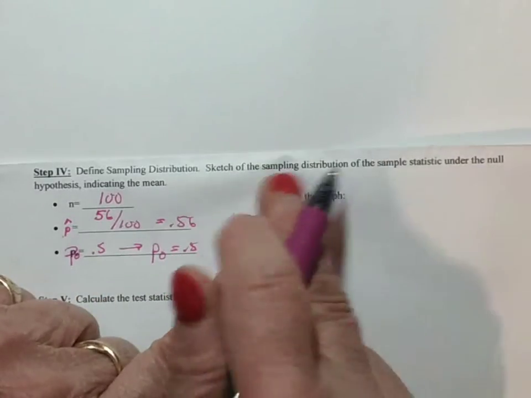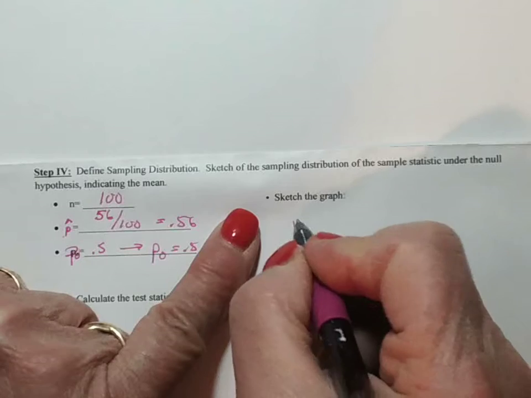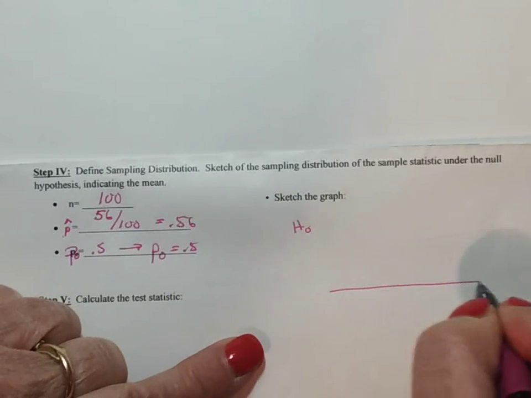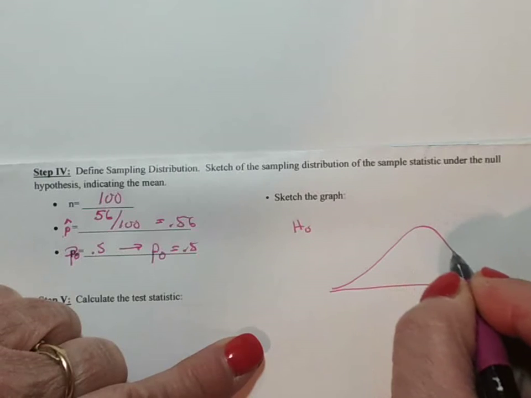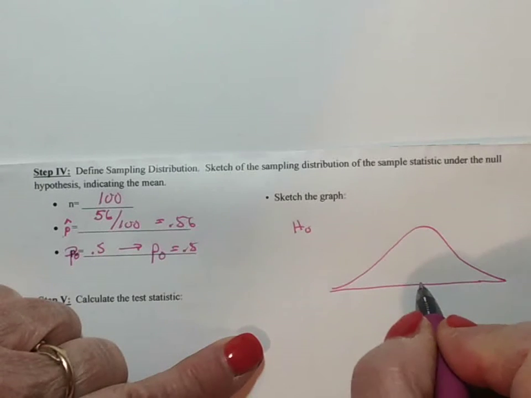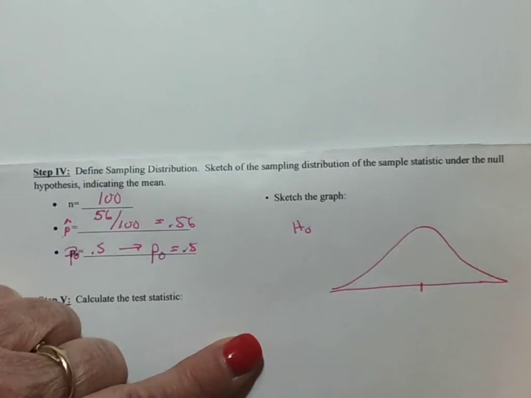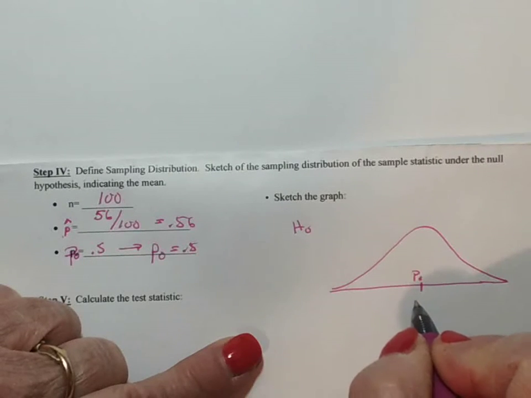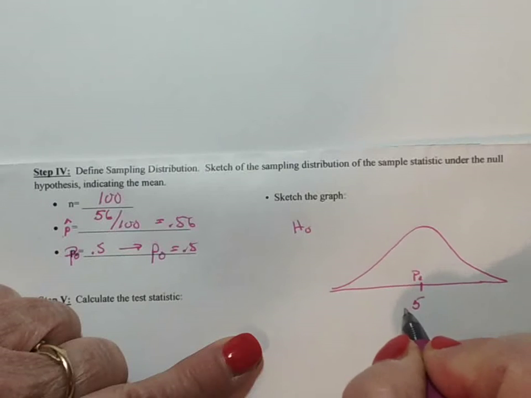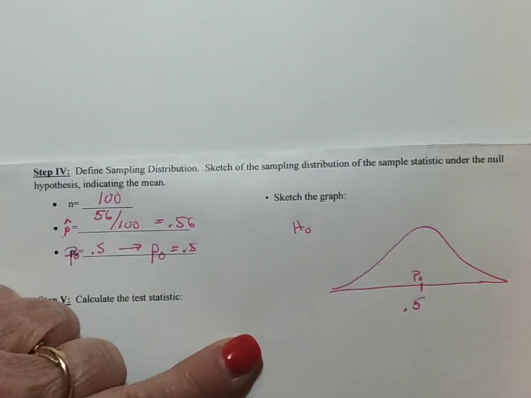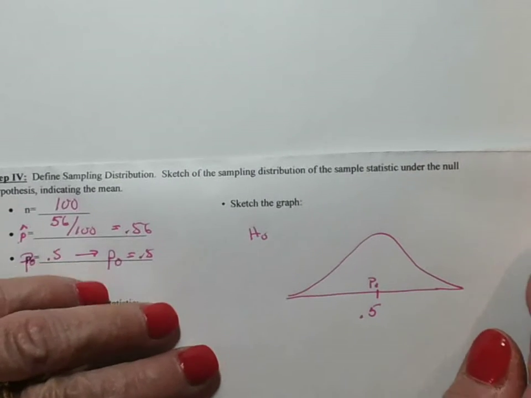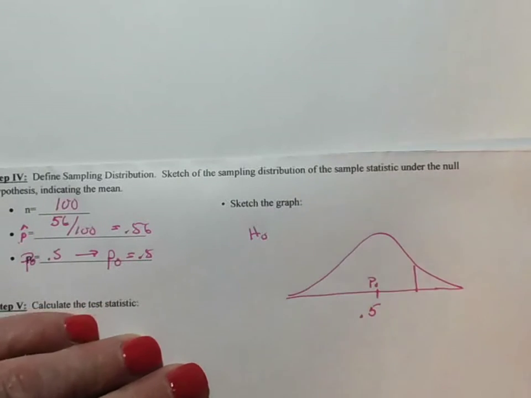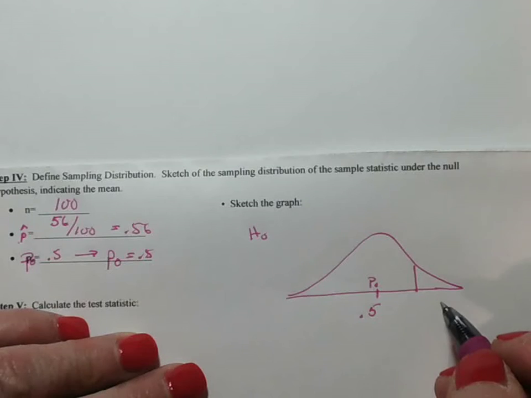When we sketch the graph of a test of hypothesis, we're basing it on our null hypothesis. So based on our null hypothesis, our population parameter, or the mean, p naught, is 0.5. And this is a right-sided test.